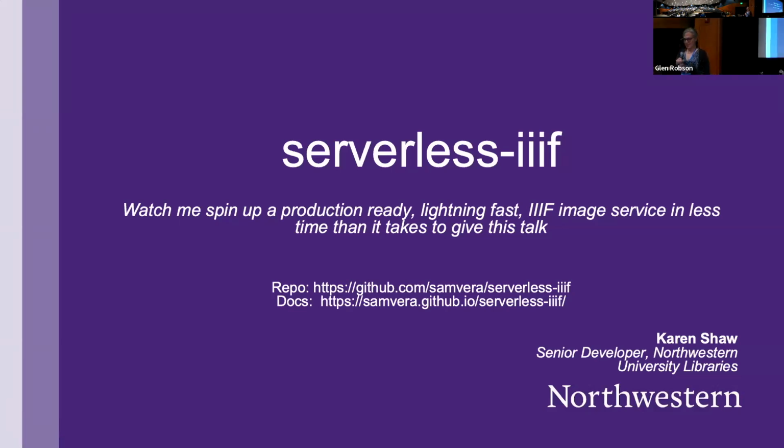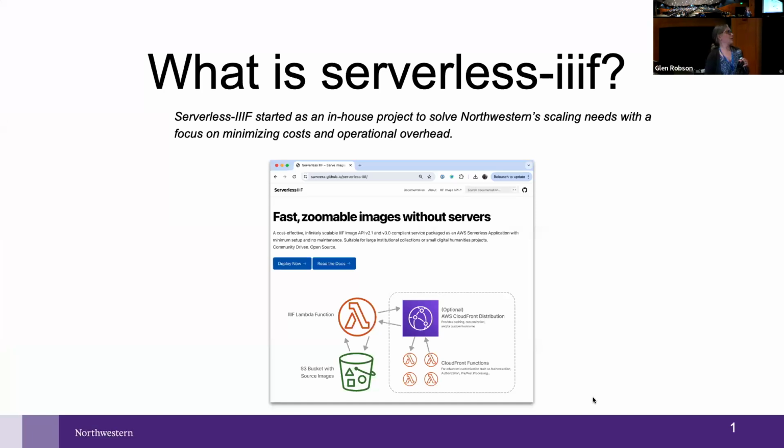Hi, I'm Karen Shaw. I'm a software developer with Northwestern University Libraries, and I'm going to run through a production-ready install of the serverless IIIF image service in less time than it takes to do this lightning talk. So at a really high level, for anyone who's not familiar, what is serverless IIIF? It started as an experiment from our developer, Michael Klein, who wanted to see if a Lambda function-based solution would be a cost-effective approach to solve Northwestern's scaling needs.